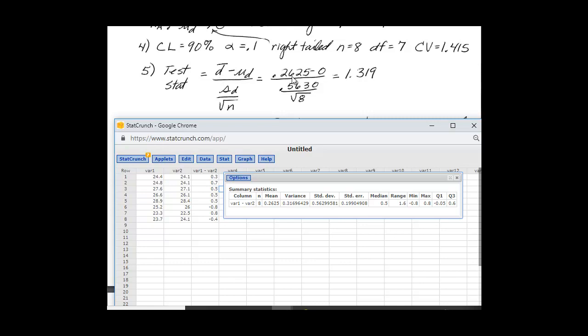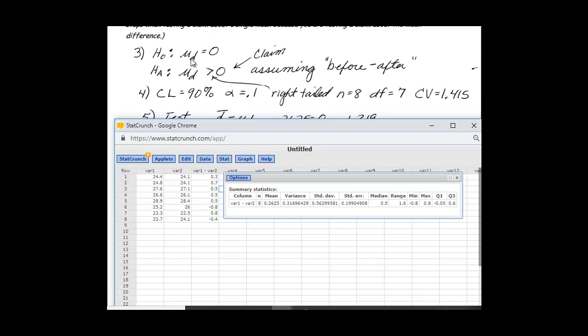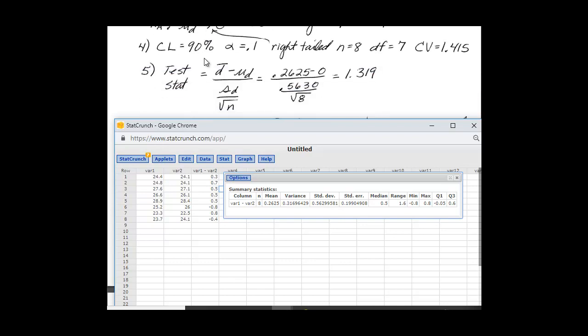So 0.2625 minus 0. That is what our null hypothesis is, that the mu of D is equal to 0. So that's why I'm plugging that in there. So our standard deviation of the differences is down here from our summary statistics, the 0.5629, which is going to round to 0.5630, divided by the square root of the sample size, which is n.